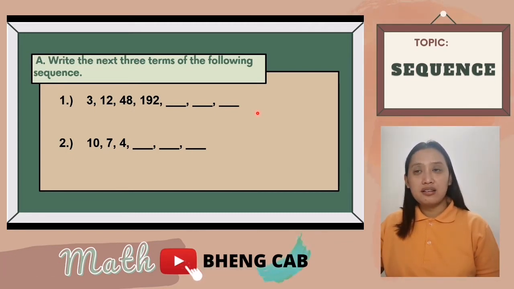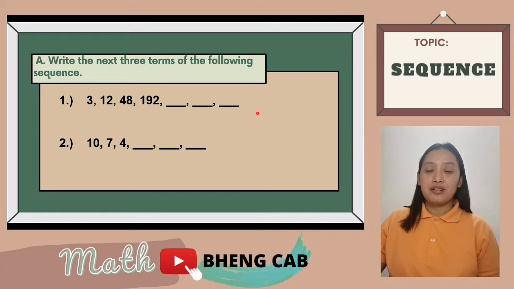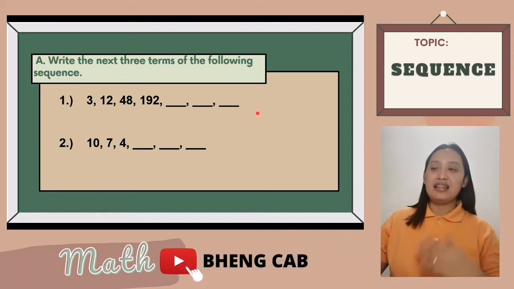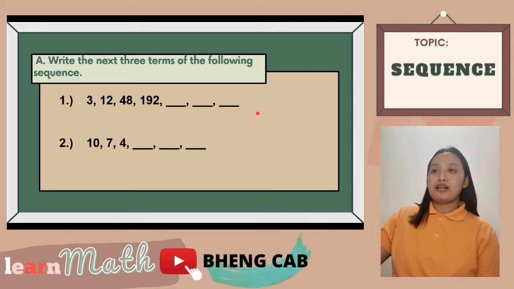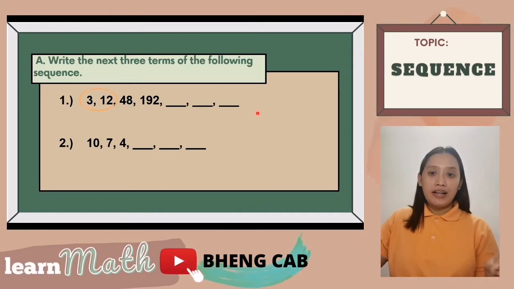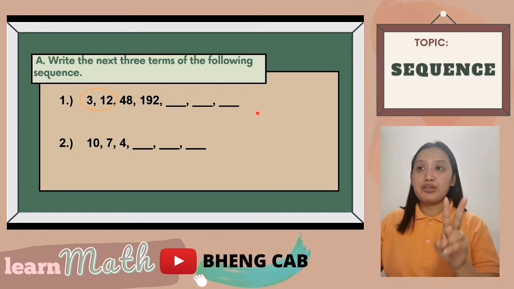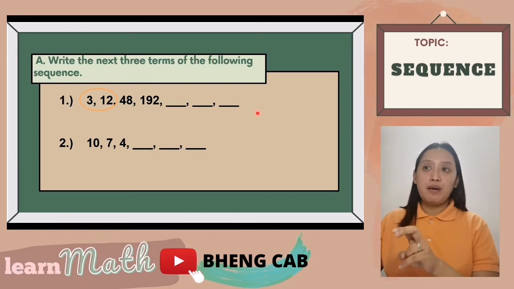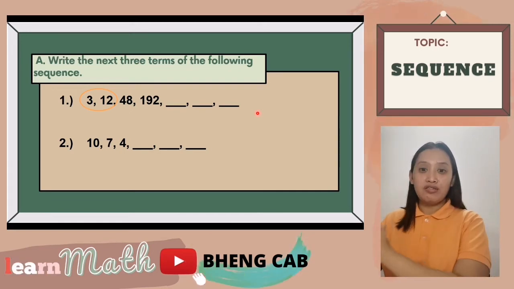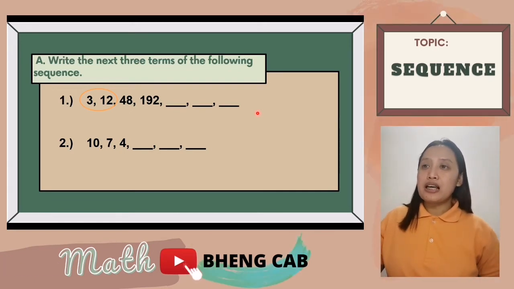Nag-add, nag-multiply, or nag-multiply, tapos nag-add at the same time. So, for example, here, ang kukuhain natin, syempre, yung first 2 terms, yung 3 and 12. Dito tayo muna magbe-basis, kasi the rest will follow. Okay? So, 3 and 12.